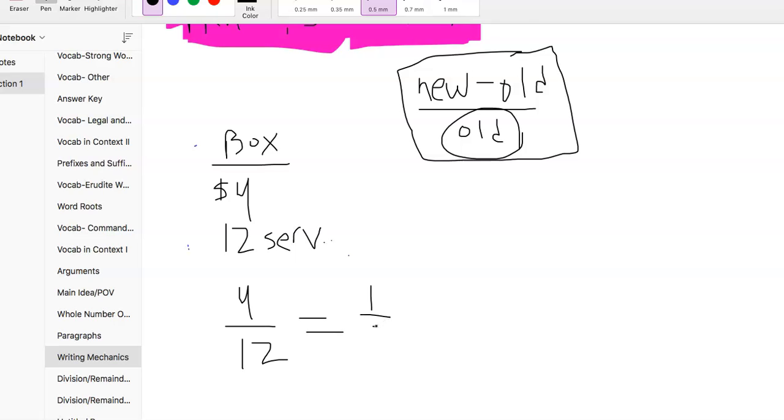Divide each side by 4. 4 divided by 4 is 1. 12 divided by 4 is 3. So it's 1/3. And when you see this number, it's 1/3 of $1. What is 1/3 of $1? 33 cents.